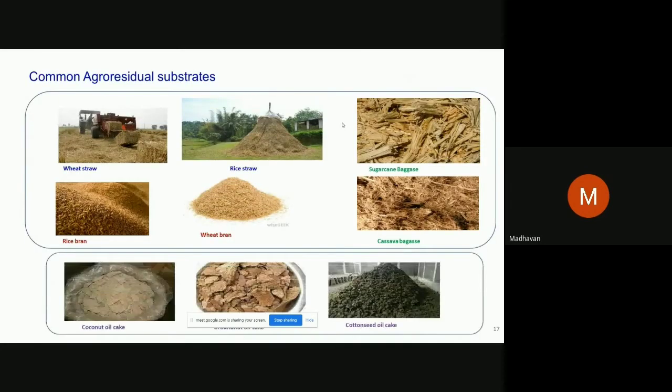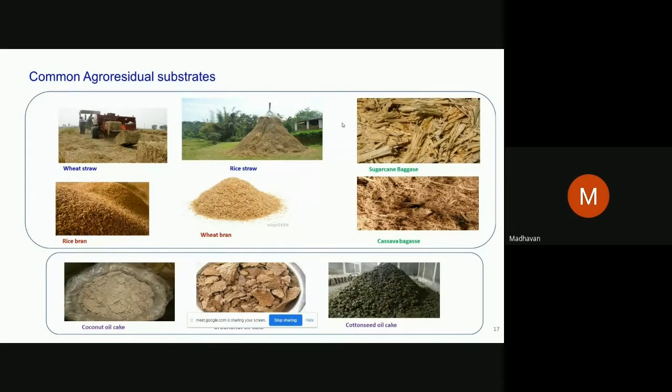Here you can see some of the common agro residual substrates: wheat straw, rice bran, wheat bran, and bagasse, especially from sugar, and cassava is plentiful. After taking the starch and removing it, whatever comes out of cassava, that tippi, still contains some starch, but you can use it for many kinds of production.